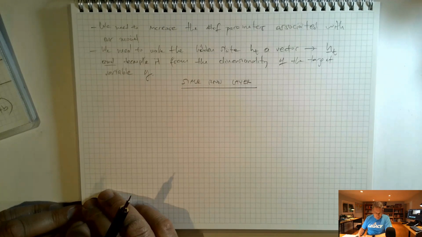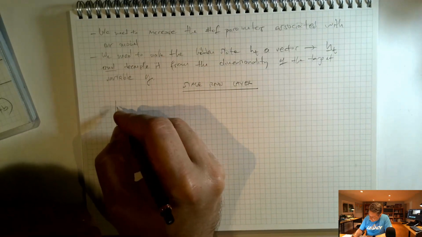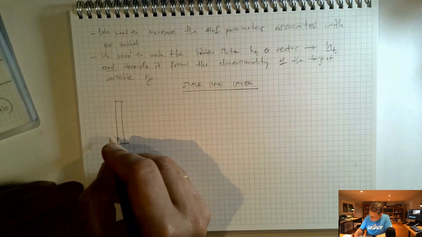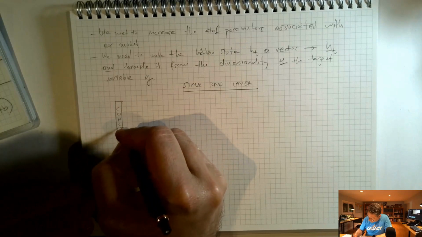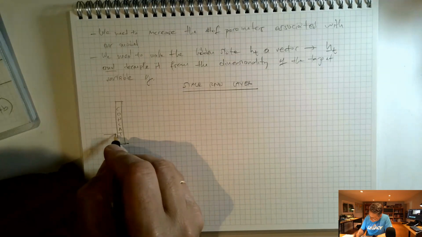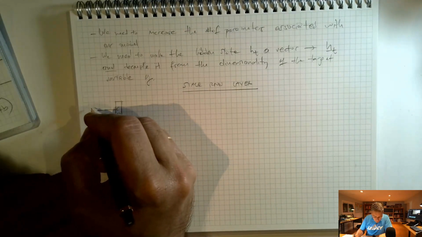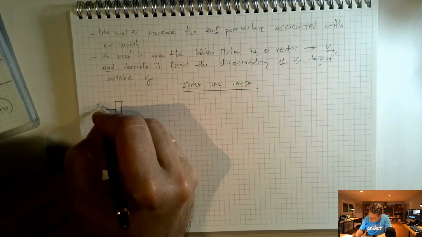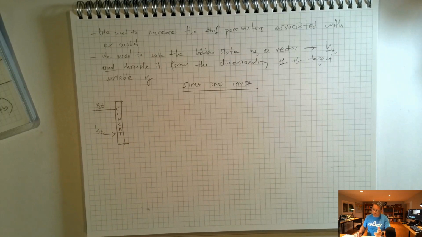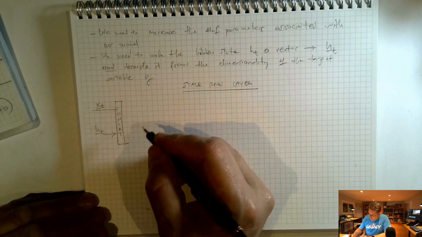So let me just draw it. In the input, we're going to have a concatenation of a hidden state, which is now a vector, and the input x of t. In general, this input will be a vector. In our time series problem it was a scalar, but in general it will be a vector too.